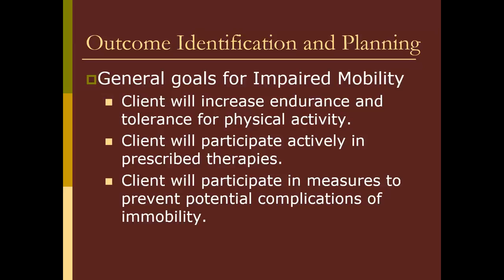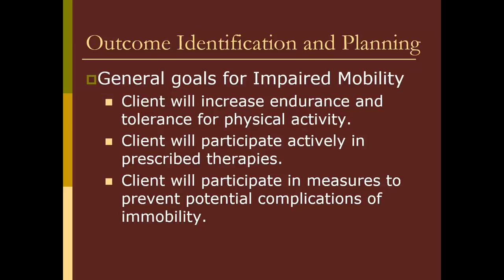But some of the outcomes that you would be setting would have to do with increasing endurance or increased tolerance for physical activity, the ability to actively participate in prescribed therapies, and a learning-related diagnosis might include an outcome about participating in measures to prevent complications of immobility and knowing what those are.